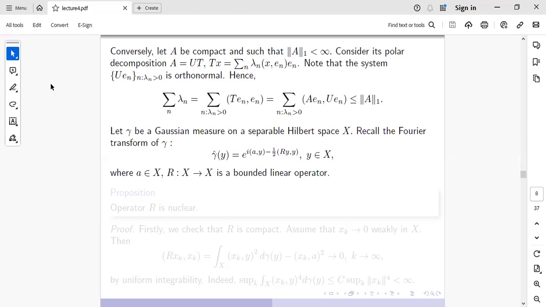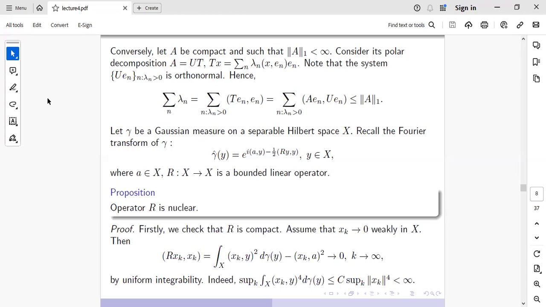Here a is the element of the space, the mean value, and R is a bounded linear operator in X. Also, R is self-adjoint and non-negative. In fact, this operator R is nuclear, which is a stronger property than just boundedness. Okay, so let's verify that R is nuclear.